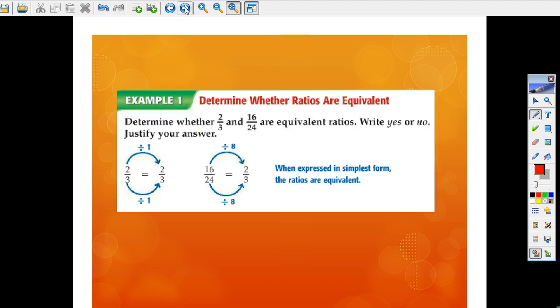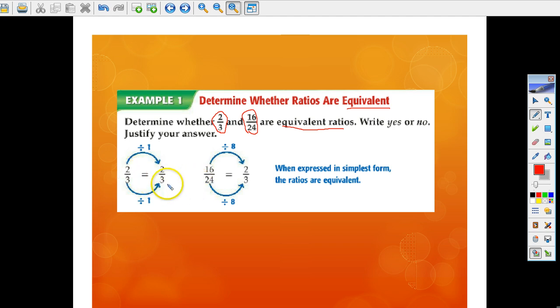For example, determine whether ratios are equivalent. Equivalent is another word for equal. Determine whether 2/3 and 16 over 24 are equivalent ratios. Write yes or no, justify your answer. So are these equivalent fractions is what they're asking. 2/3 and 16 over 24.